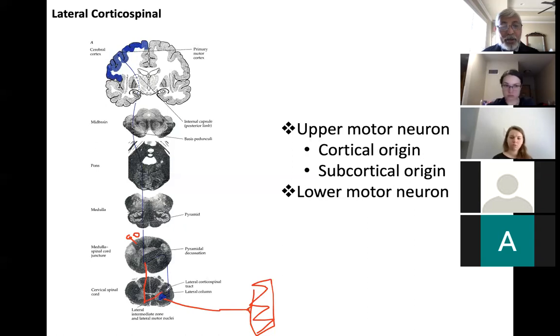The second order neuron will start from here and go to the muscle. So 10% of the fibers will form the anterior corticospinal tract, and 90% of the fibers will go to the other side and occupy the lateral column of the spinal cord. They will form the lateral corticospinal tract.